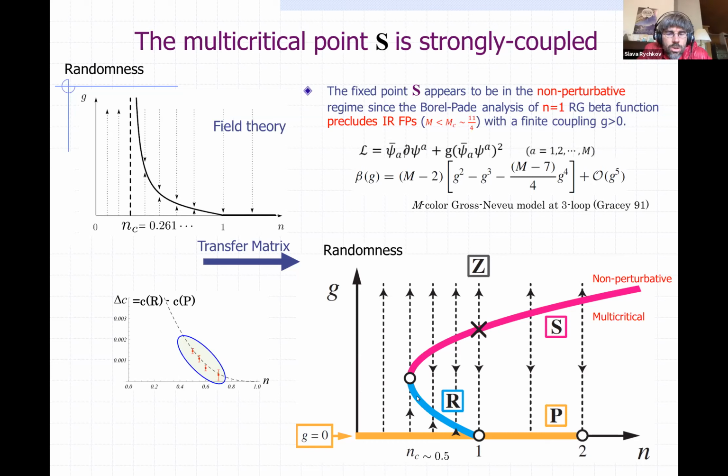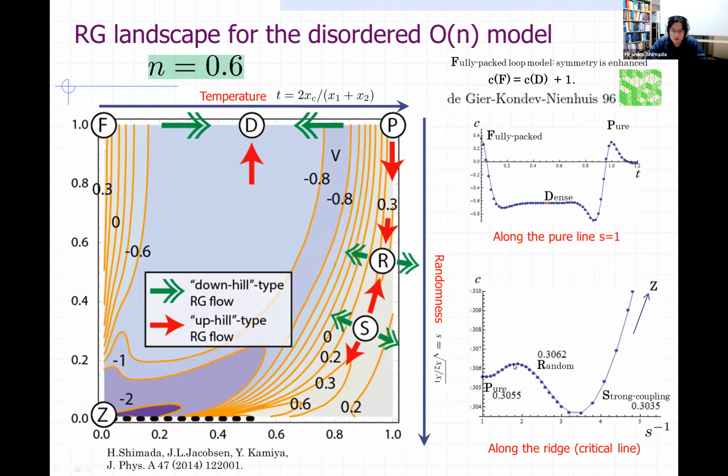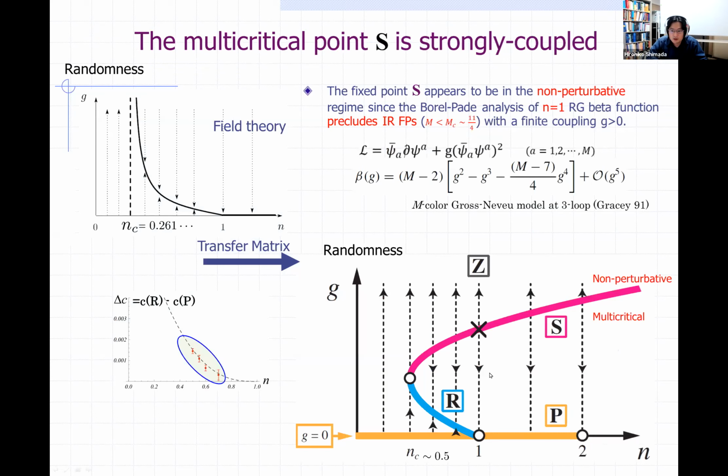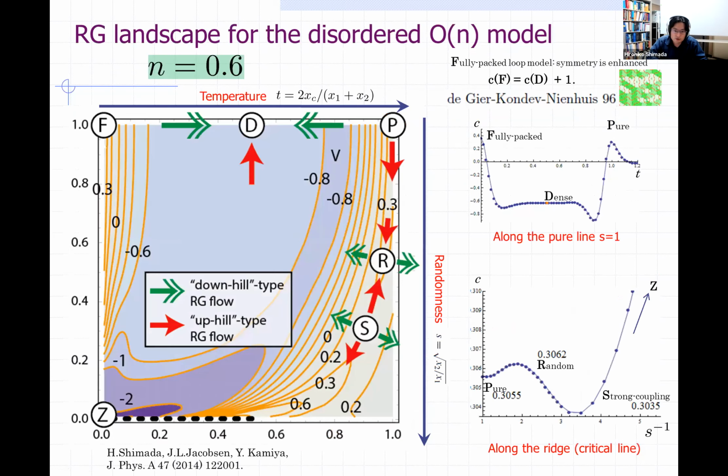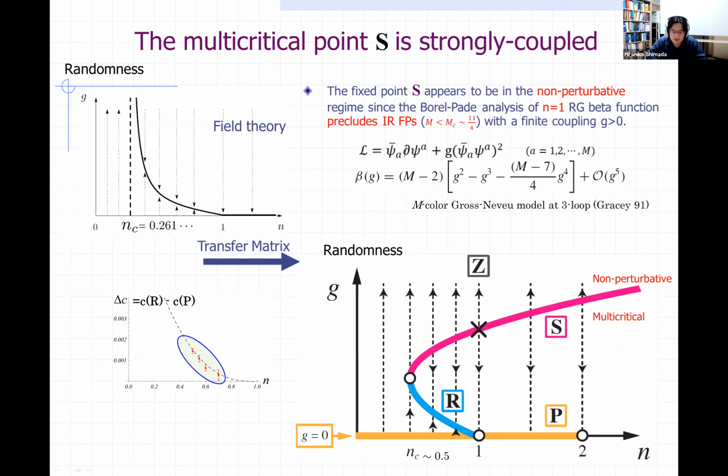Yes. So how did you get this phase diagram? What kind of computation did you do to discover this multicritical fixed point? This was found by transfer matrix, numerically. If it has an extremal value, it might correspond to a fixed point. And okay, so this configuration corresponds to this situation for n equal 0.6, for instance.